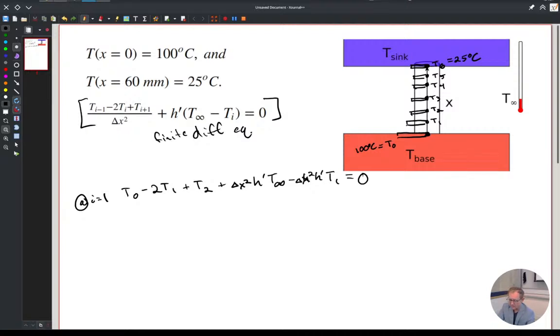I can rearrange this and put that T0 temperature over on the right-hand side, put T infinity over there too, and I can add this thing to that T1.